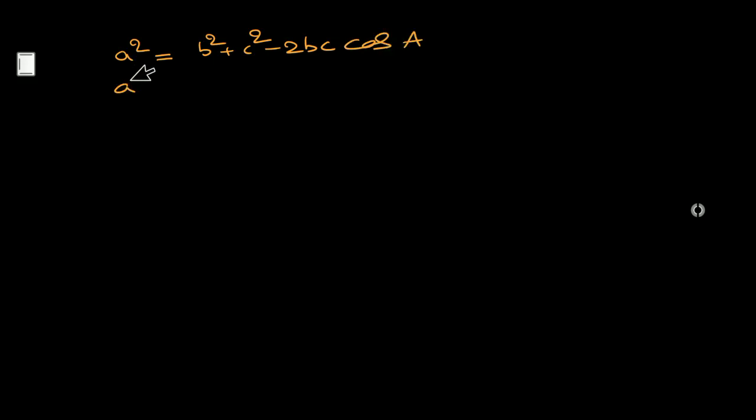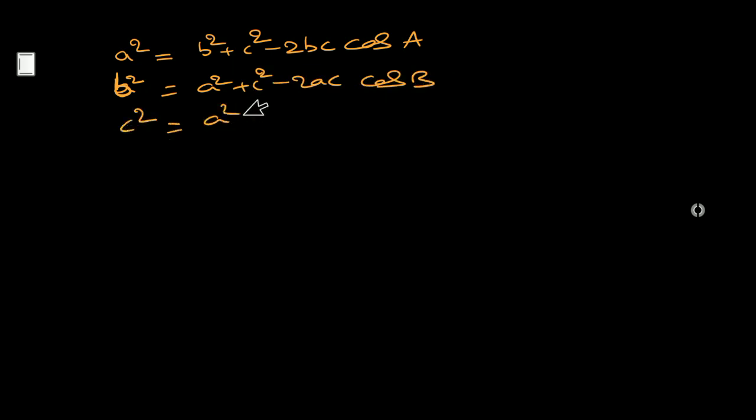In the similar manner, b square equals a square plus c square minus 2ac cos b. What about c square? It is a square plus b square minus 2ab cos c.